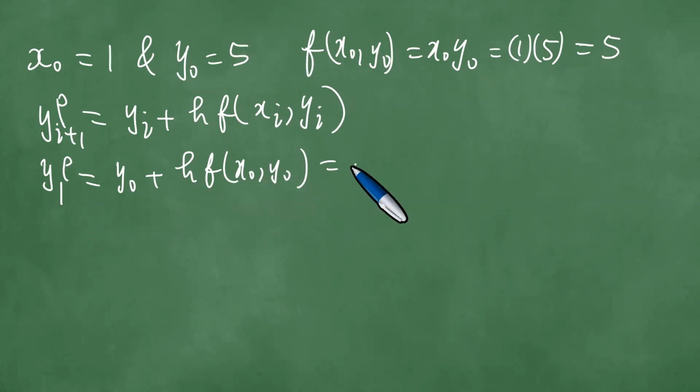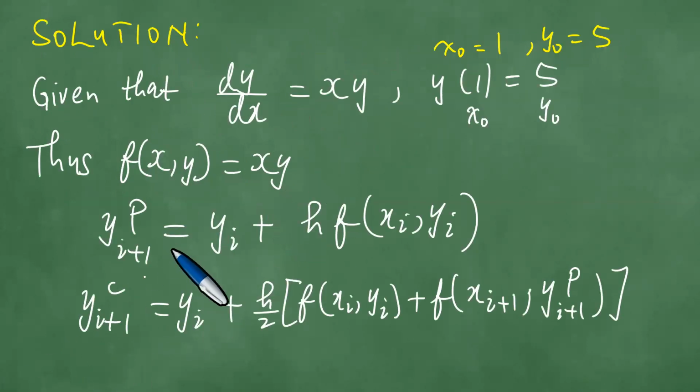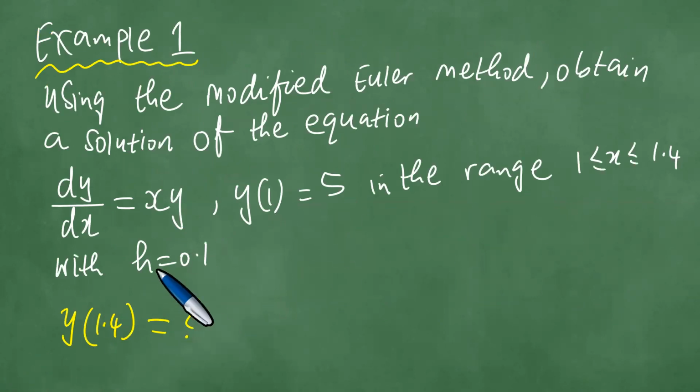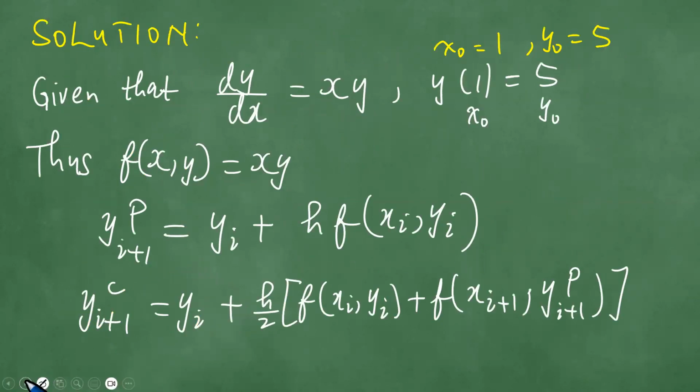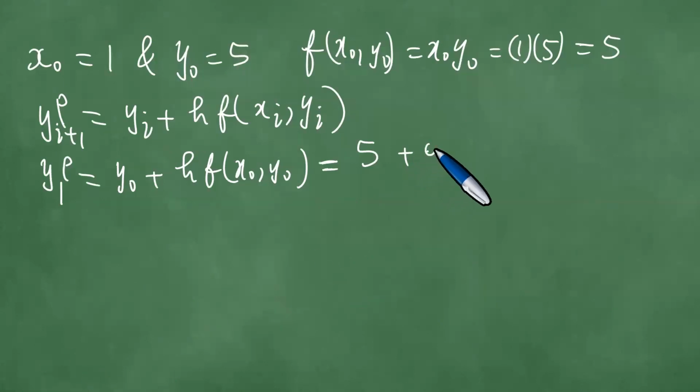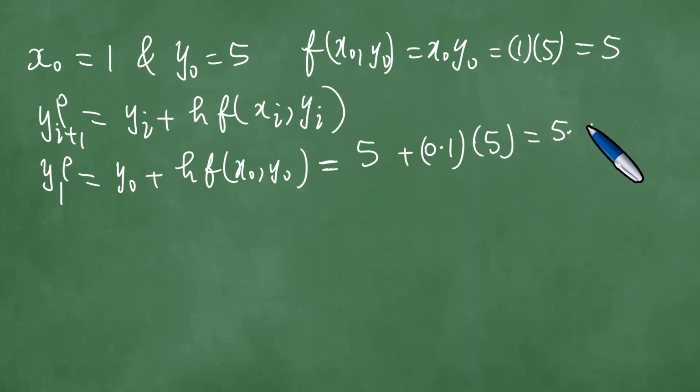What is y0? 5. What is h here? Here, 0.1. So you're going to use 0.1 times f of x0, y0. You have 5. And this is exactly 5.5, because this one is 0.5 plus 5, which is 5.5.